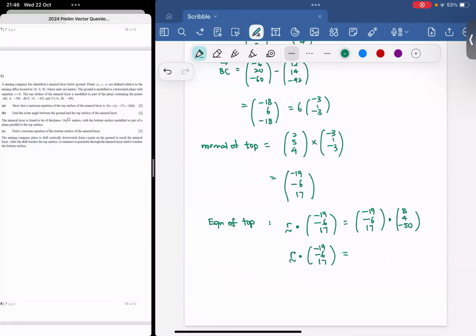This will give me negative 1026. I'll be honest with you, I used the answer to check. So this will be negative 19x minus 6y plus 17z equals to negative 1026. So 19x plus 6y minus 17z equals 1026.